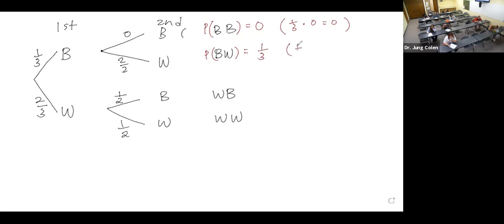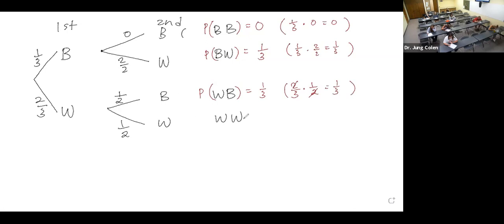What's the probability to get white first and black next? 1/3. How did you get that? 2/3 times 1/2, right? You can see this will be cancelled, and I have 1/3.